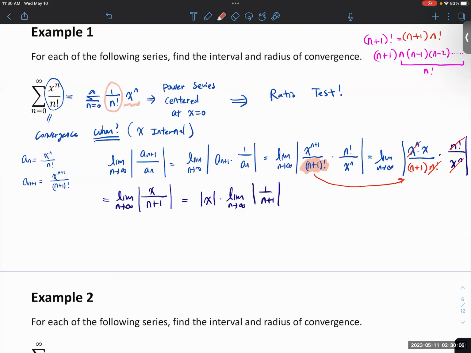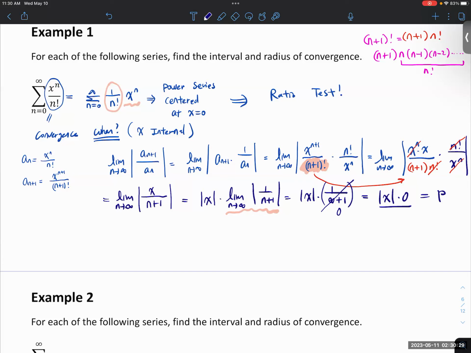Now, what is the evaluation of the limit here? This is going to be 1 over infinity plus 1, getting close to 0. Do you remember? The limit of 1 over infinity is 0. So absolute value x times 0, this is your p.